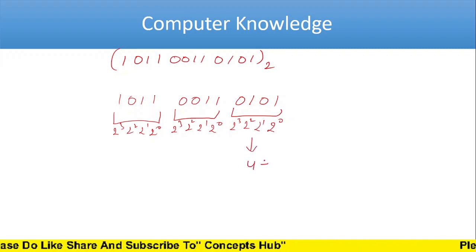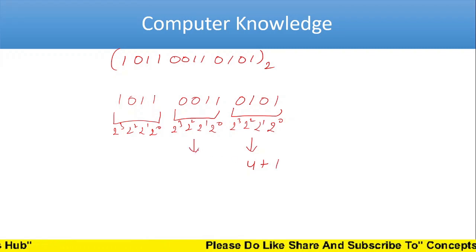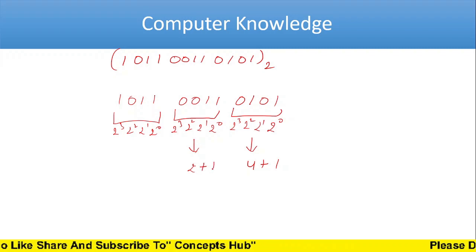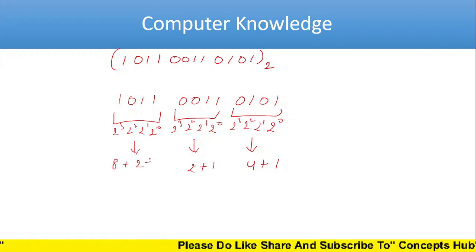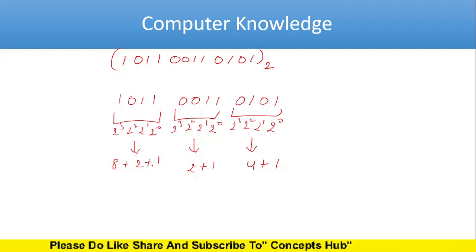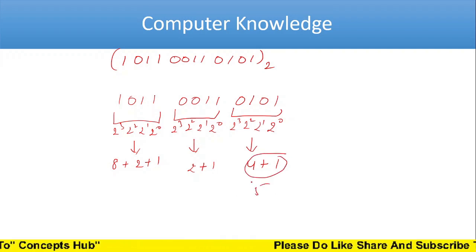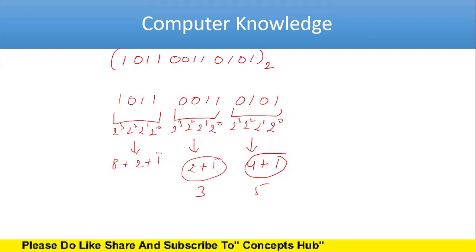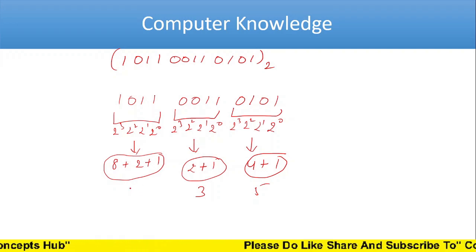So what will I get here? You get here 4 plus 1. Here 2 plus 1. And here 8 plus 2 plus 1. So it would be 5, and this is 3, and this is 8 plus 2 plus 1, 11.